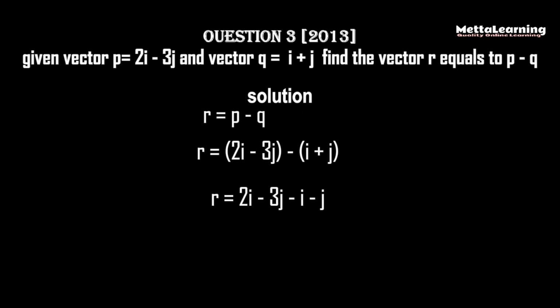So i will be subtracted from i, and j also will be subtracted from j. We'll have (2 minus 1) plus (minus 3 minus 1) j. Therefore, the final answer, the vector P minus Q, will be i minus 4j. So R equals P minus Q equals i minus 4j.